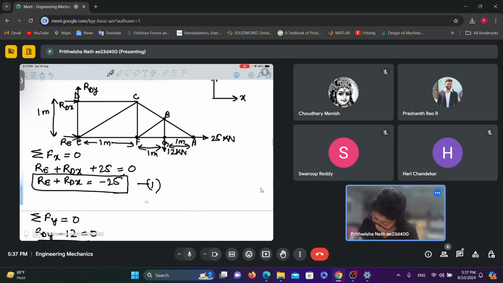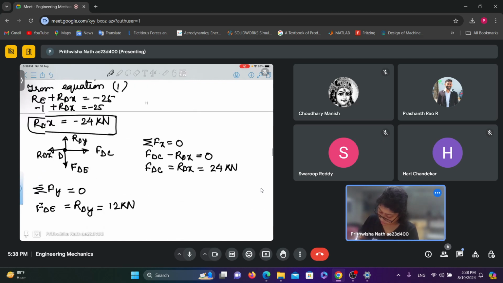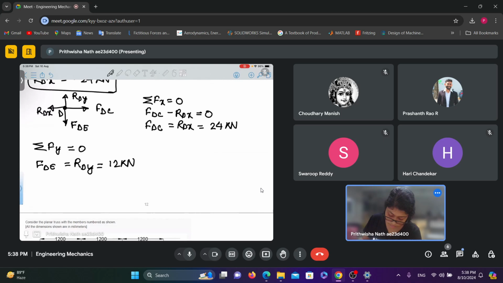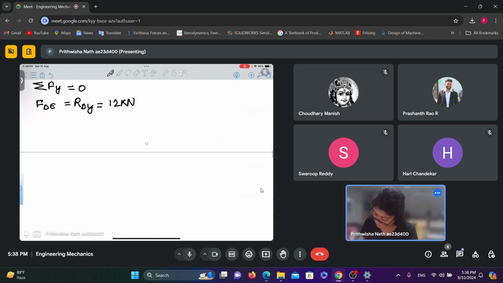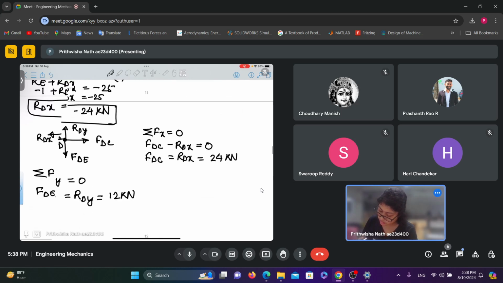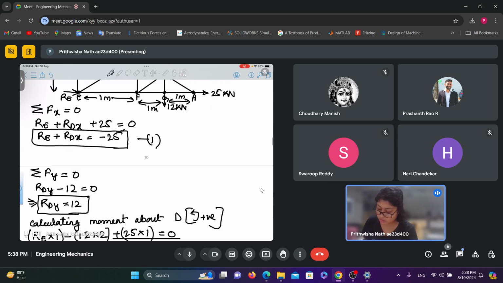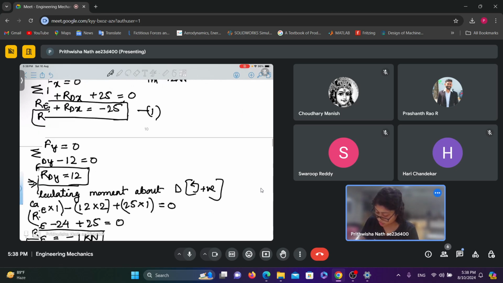Okay. Now I will consider this joint, that is the joint E. Now I'll again assume the members are in tension. So FEF, this is FED, and this is the reaction force at E, which was opposite to the assumed direction.